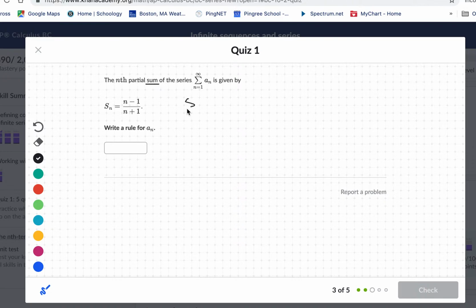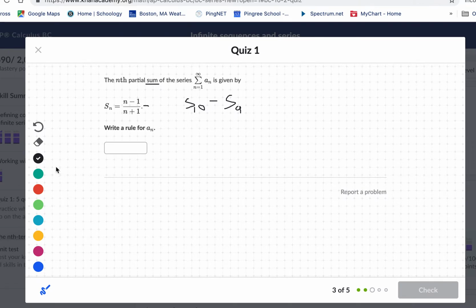If I knew S of 10 and then I subtracted S of 9, I would get the actual 10th term because I'm adding up those terms, and when I took that last 10th term and added it, I would get a new sum. What I need to do then is I need to subtract.